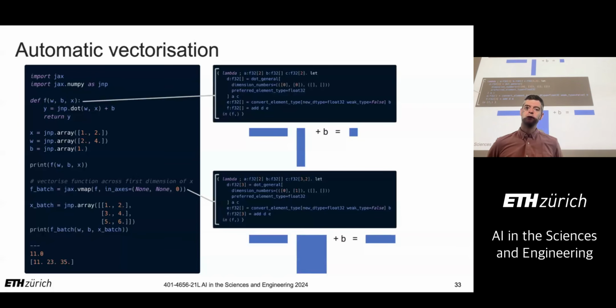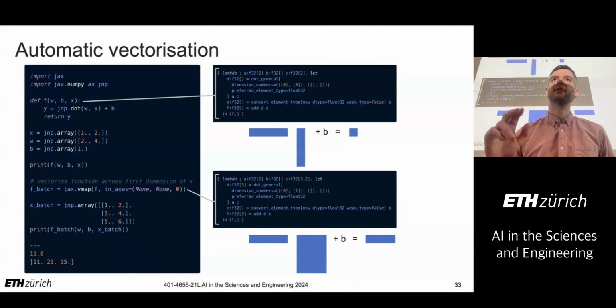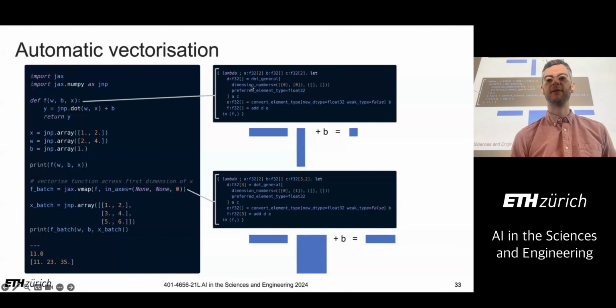If we look at the intermediate representation, to transform this function, JAX will take this intermediate representation, treat it as data as input, and spit out a new function, which is the vectorized format. If you go into this function and look at what it's doing, inside here it's got a dot product, this dot general in the original function, which is what numpy dot is doing.